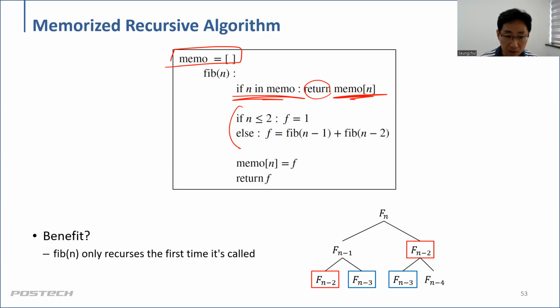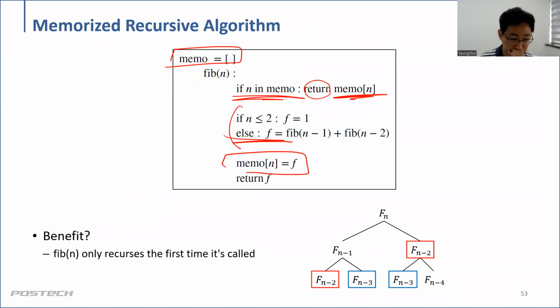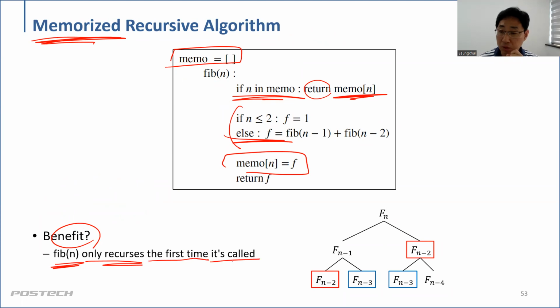When you're done, put that value in memory so that later on we can use it. This one is better than naive. It's too obvious, right? The benefit of this memoization is that it only recurses the first time it's called.